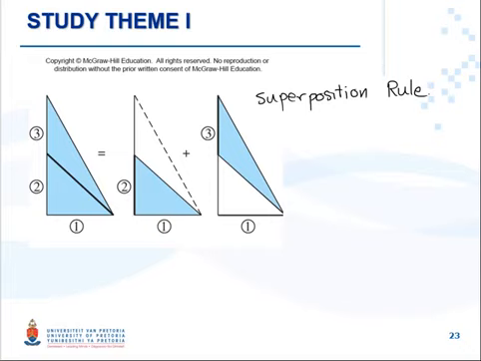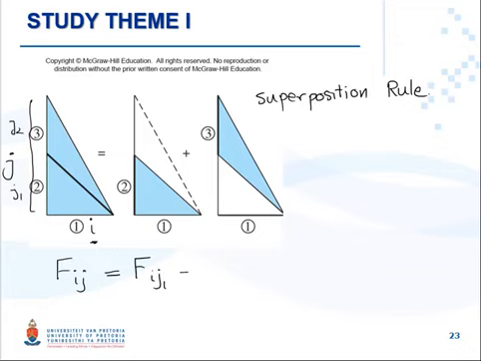Let's say surface 1 is I and the whole of surfaces 2 and 3 is J. The view factor from a surface I to a surface J, F_ij, is equal to the sum of the view factors from surface I to the parts of surface J. So it is equal to F_ij1 plus F_ij2.